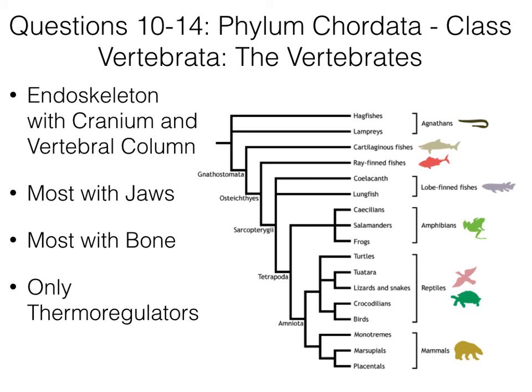Okay, most vertebrates also have jaws. Everything from cartilaginous fishes, what we call sharks and rays, up on the phylogeny has jaws, and then everything from ray-finned fishes up has bone. So agnathans, hagfishes and lampreys don't have jaws, and cartilaginous fishes, the sharks, don't have bone.